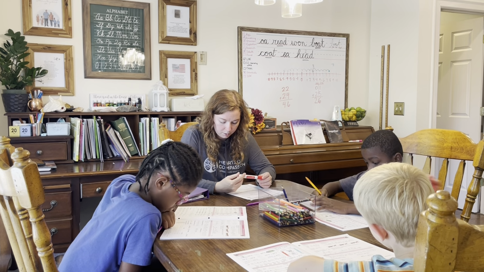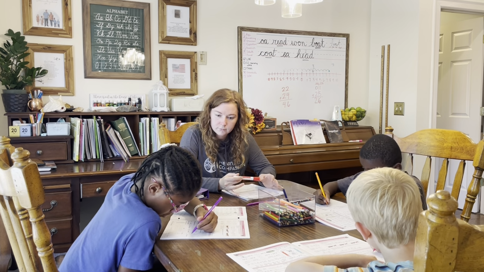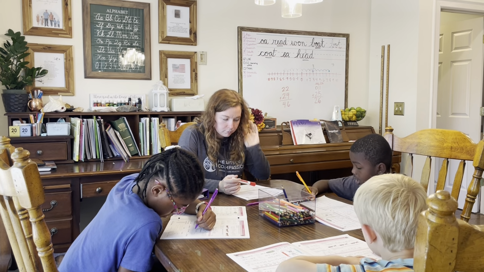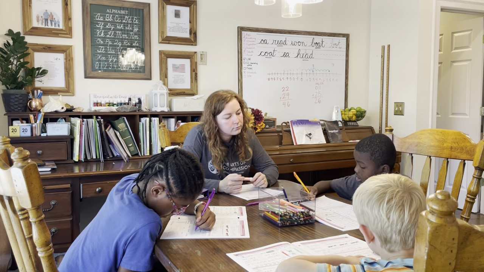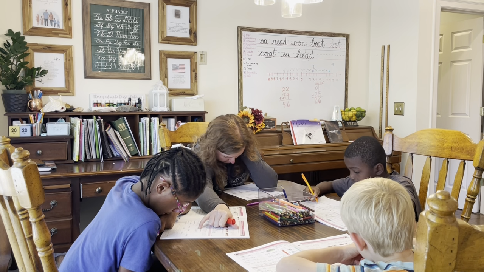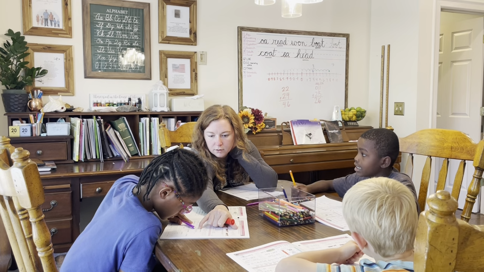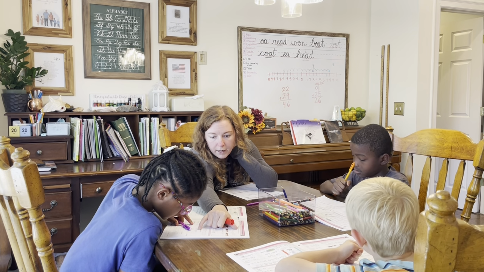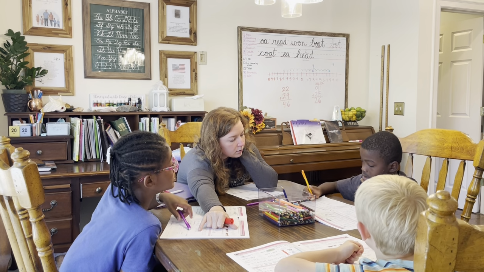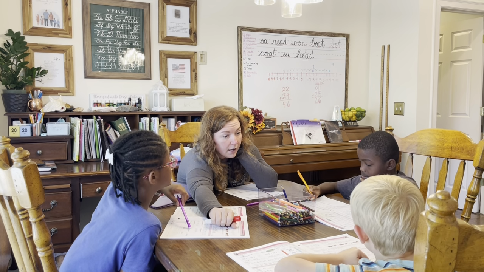All right, add your tally marks. It says, what is the unit? Tallies. How many is on this side of the plus sign? 8. 8 plus how many? 8 plus 8 is how many? 8 plus 8 is 16.